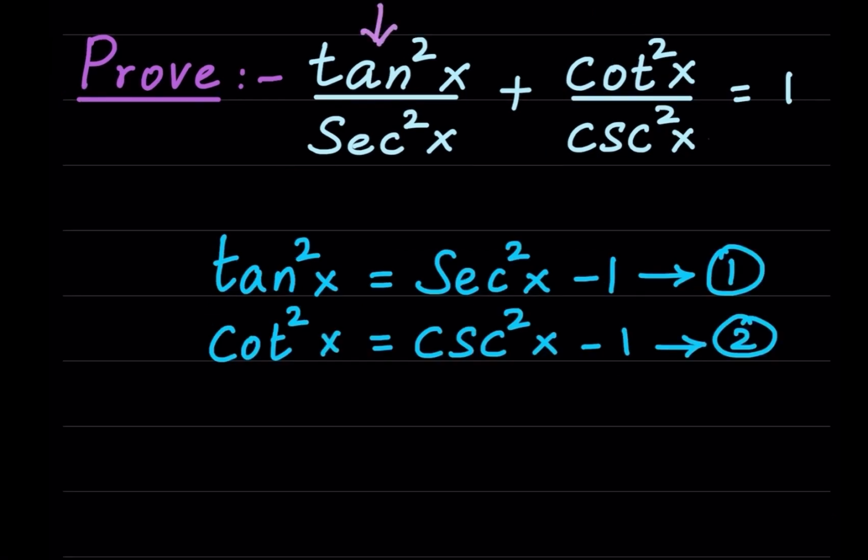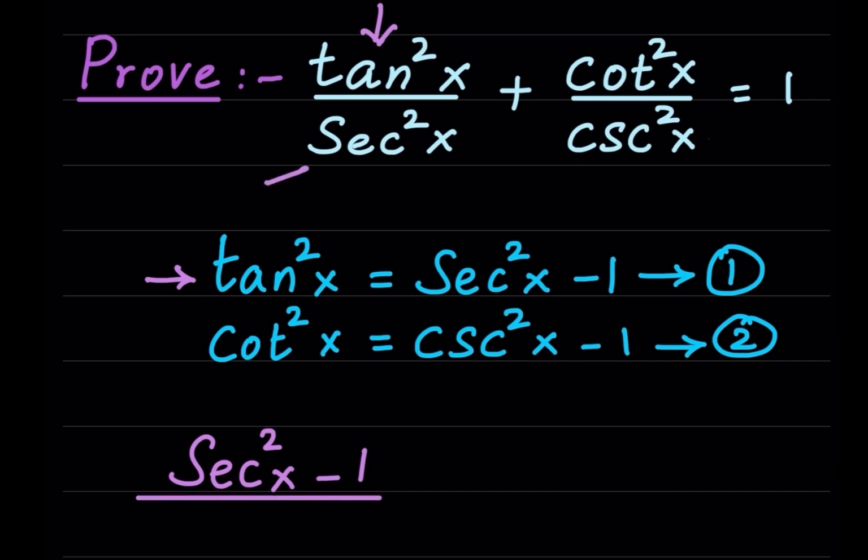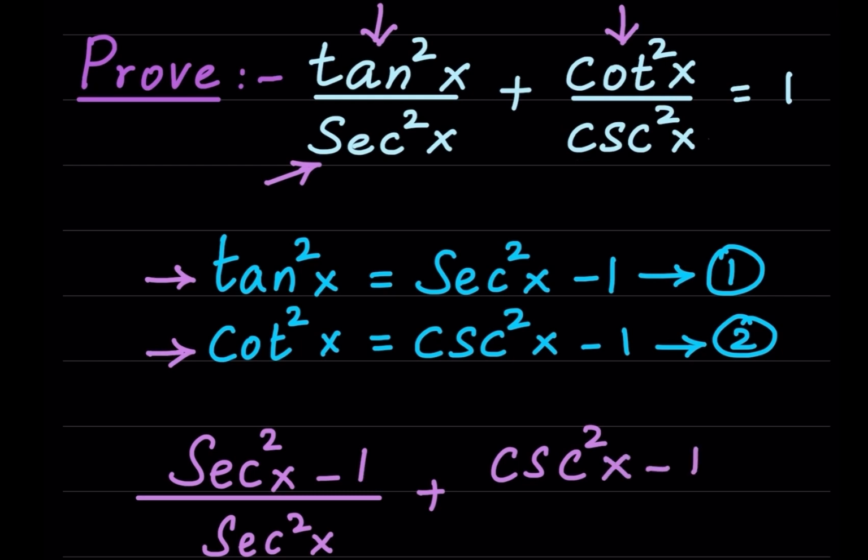So instead of tan square x, by using the equation 1, I'm going to write secant square x minus 1 divided by, I'm not going to change the denominator, so it is secant square x plus, so for cot square x, I'm going to use the equation number 2 and rewrite as cosecant square x minus 1 divided by, I'm not going to change the denominator, so cosecant square x.